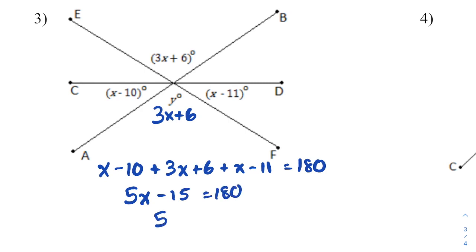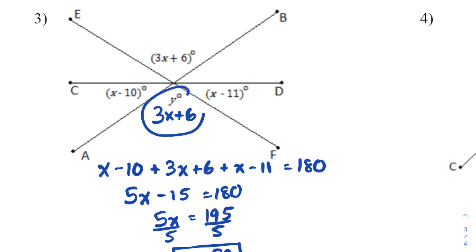Add 15 to both sides. Divide both sides by 5. And we get x equals 39. So that's solving for x, but we also need to solve for y. That should be fairly simple now that we found out earlier that y and 3x plus 6 were the same thing.